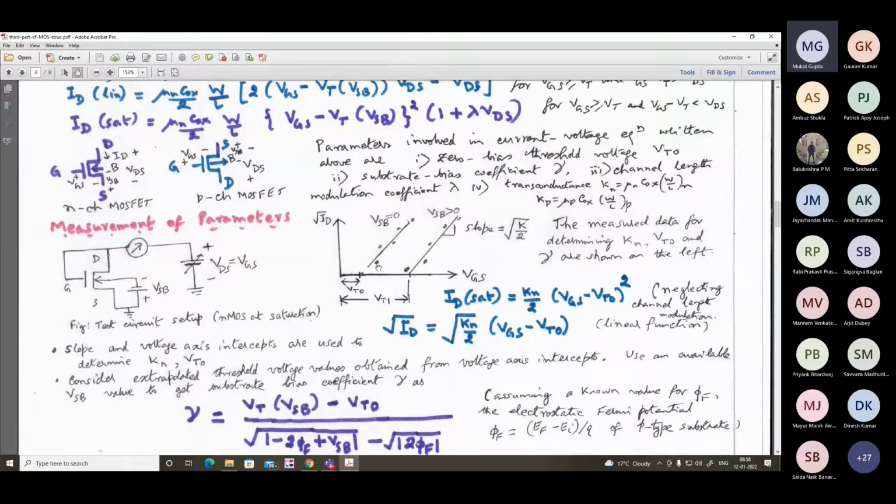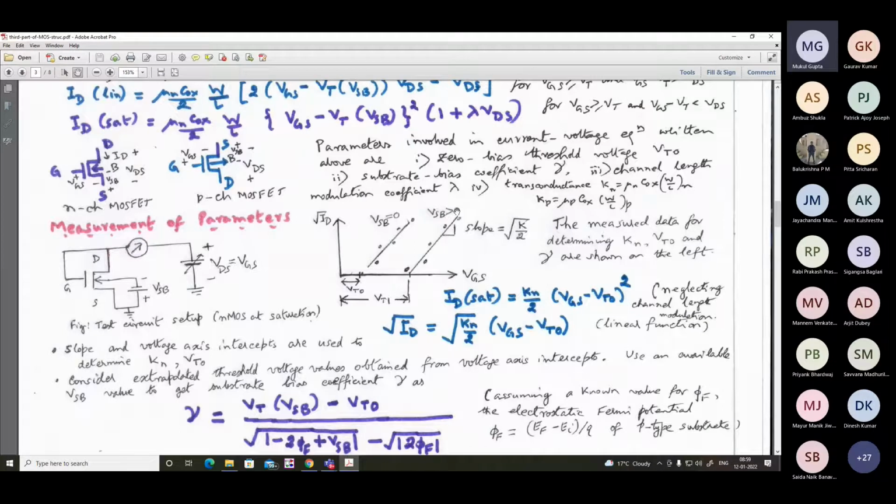That's why these points cannot go directly and continuously up to the voltage axis. This you have to extrapolate. Also, another point you need to keep in mind is that the VT0 that you get by this measurement may not match the exact value provided by the manufacturer, because there are certain assumptions that we are making, like neglecting the lambda.